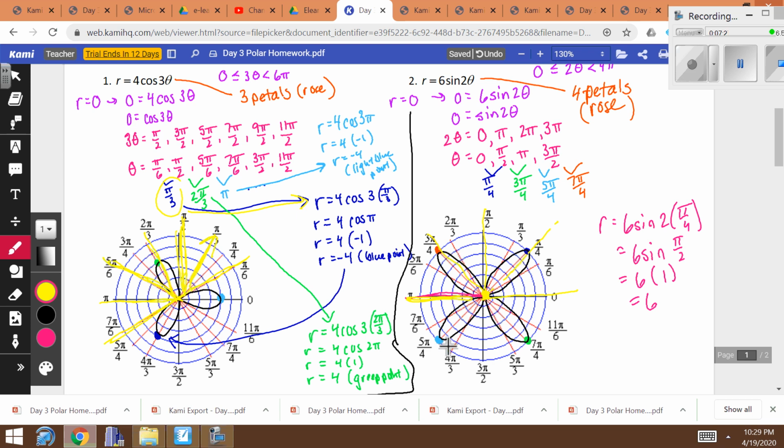That's going to be positive 6. We get a point right here. And then again, this last one, we're here at 3 pi over 2 and going back really to 0. That last one is going to be here at 7 pi over 4. If we substitute that in, we get negative 6. So it's going to be this point over here. And that gives us our 4 petals.